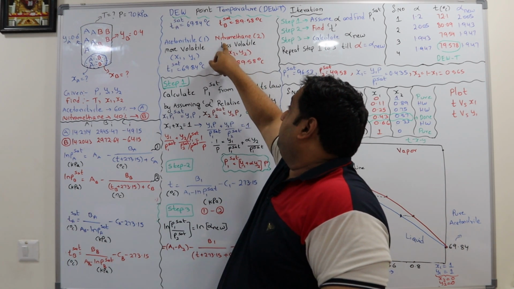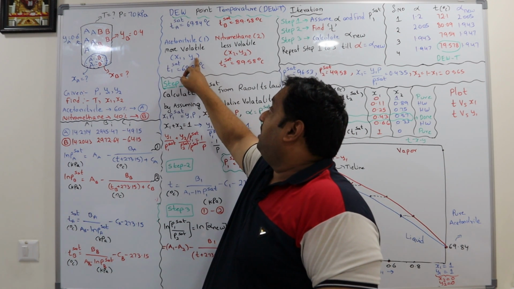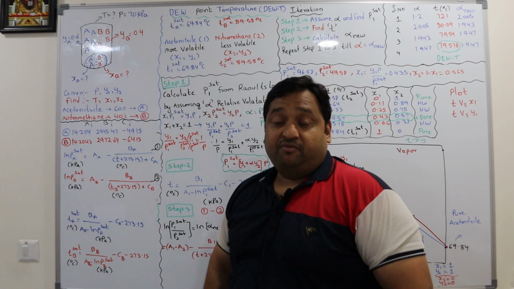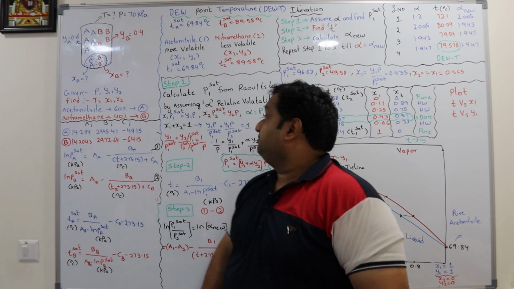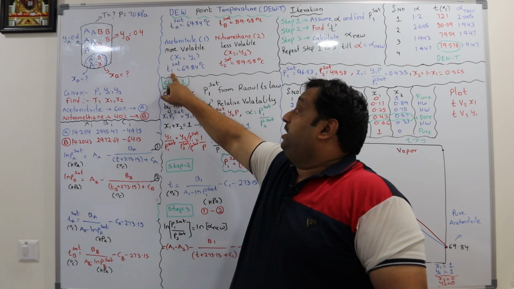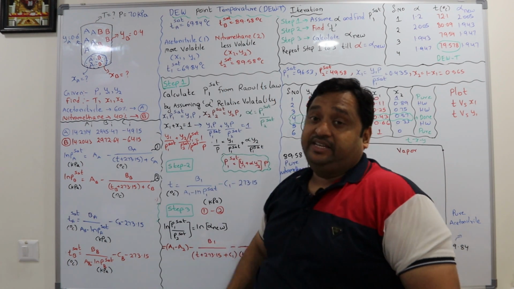The other one is nitromethane, which is a less volatile substance. So x1 and y1 represent acetonitrile, and x2, y2 represent nitromethane. That is why the boiling point of acetonitrile is 69 and that of pure nitromethane is 89.